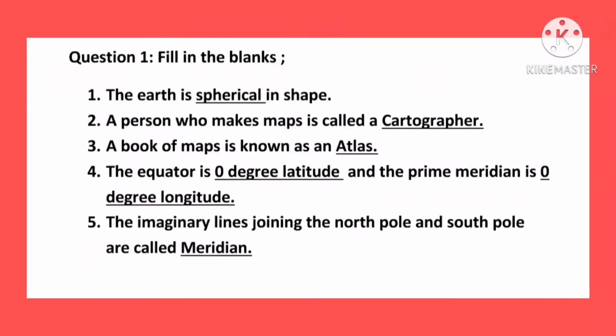Who is that? That is a cartographer. Yes, that is the correct answer. Now, the third one. What is the third fill in the blank? Let's see: A book of maps is known as an dash.